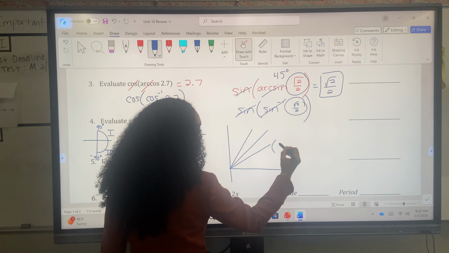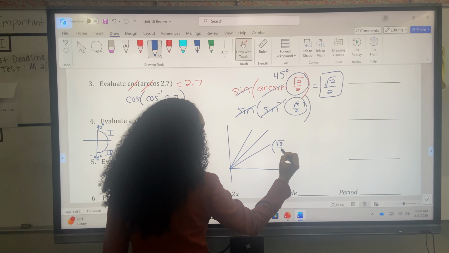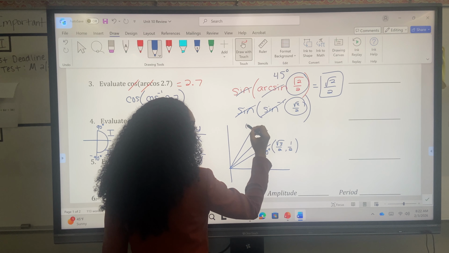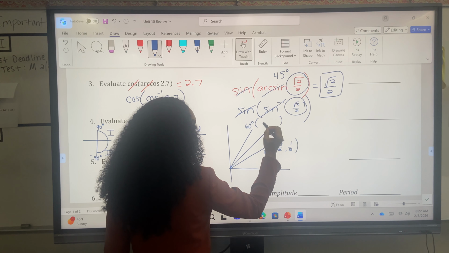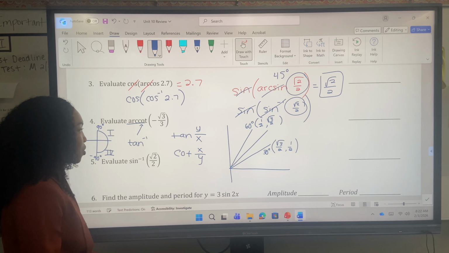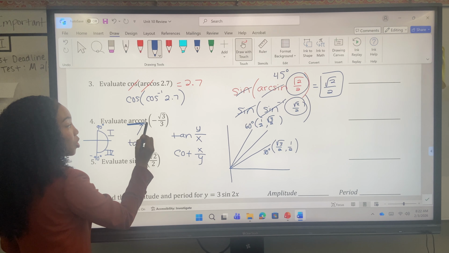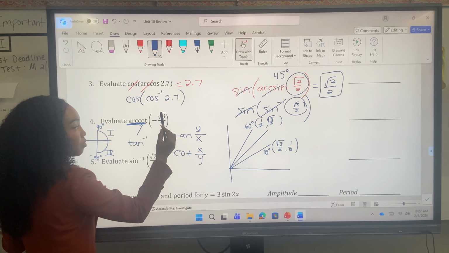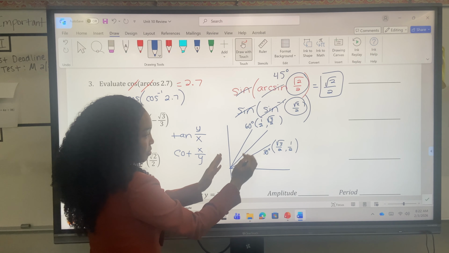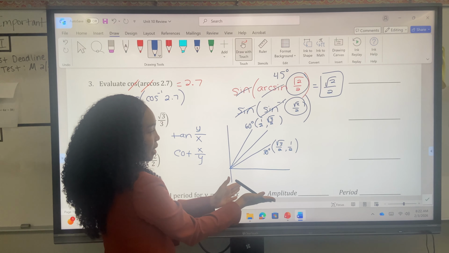So this coordinate here is square root of 3 over 2, 1/2. This is at 30 degrees. And at 60 degrees, it's the same thing, but just switched: 1/2, square root of 3 over 2. Now I want to know where arc cotangent is square root of 3 over 3, but negative. So it's going to be same thing, but down here, since it's negative.